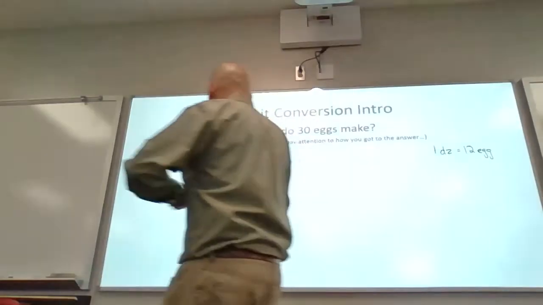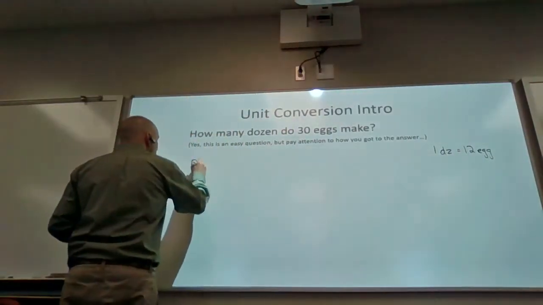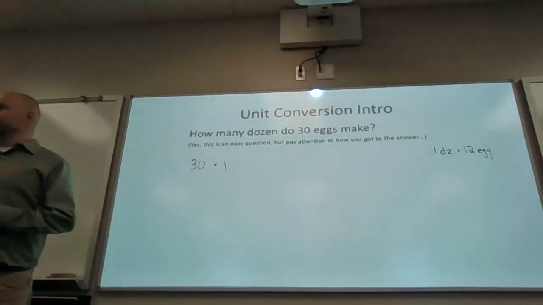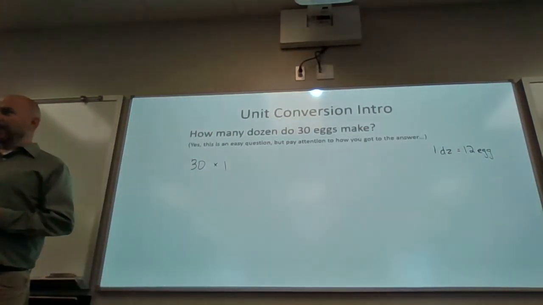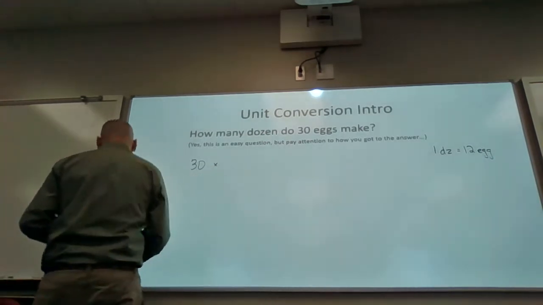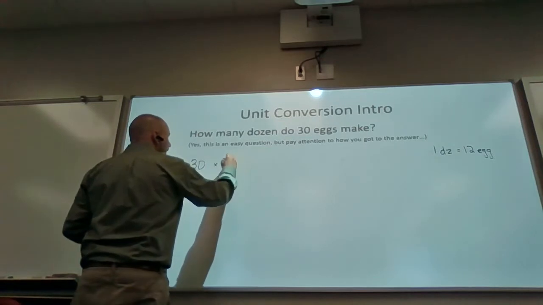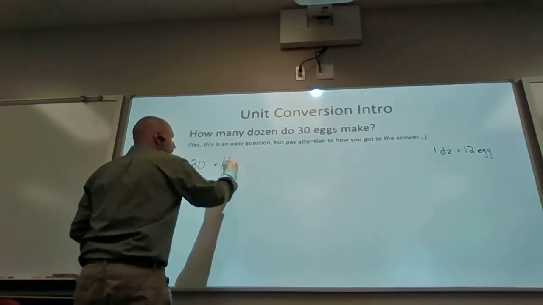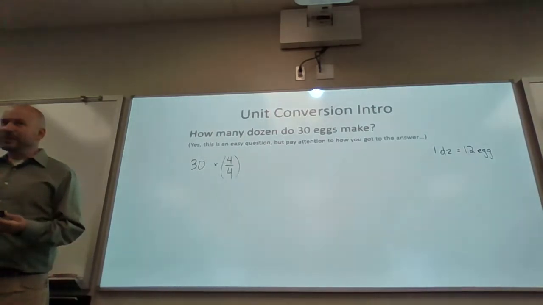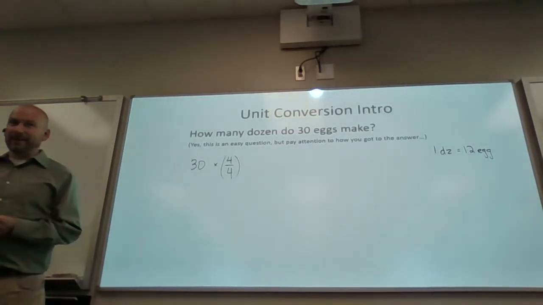If I take 30 and multiply that by 1, what's the answer? 30. If I take 30 and multiply that by 4 over 4, what's the answer? Because 4 over 4 is still 1. It's the same thing, right?